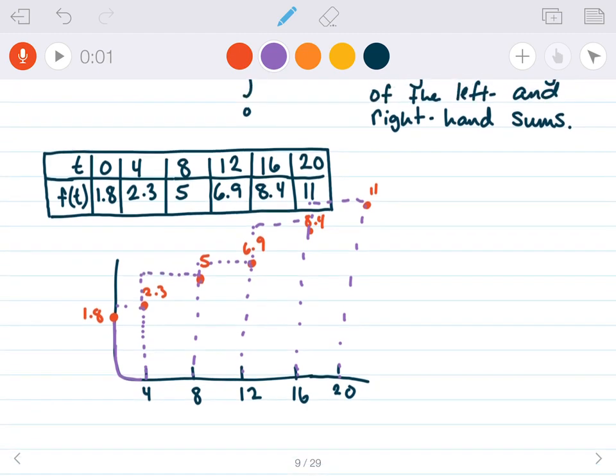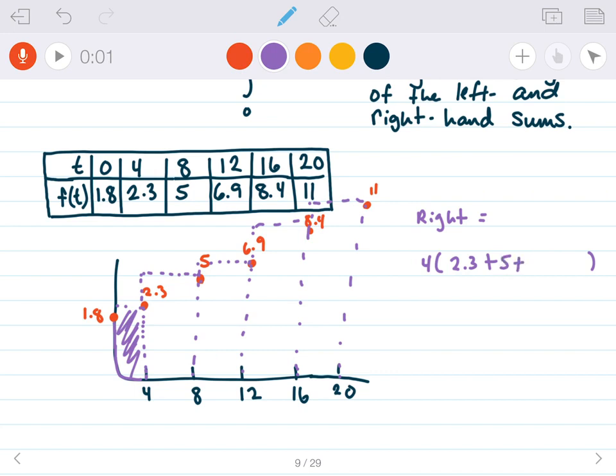So for my right endpoints, let's do this in purple actually. We're all going to have a width of 4, so I'll factor that out. My first one has a height of 2.3. My second one, I have a height of 5.